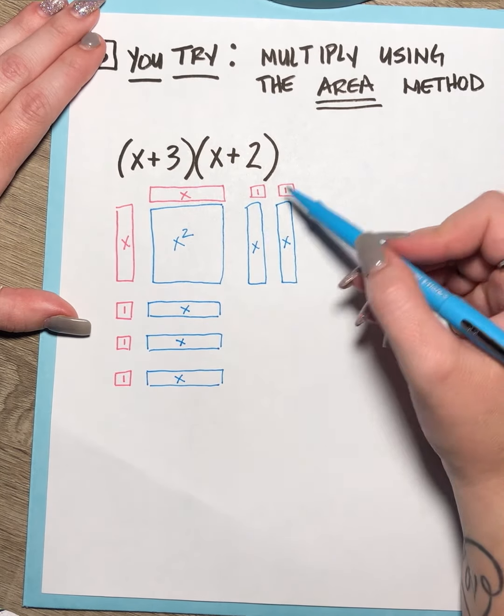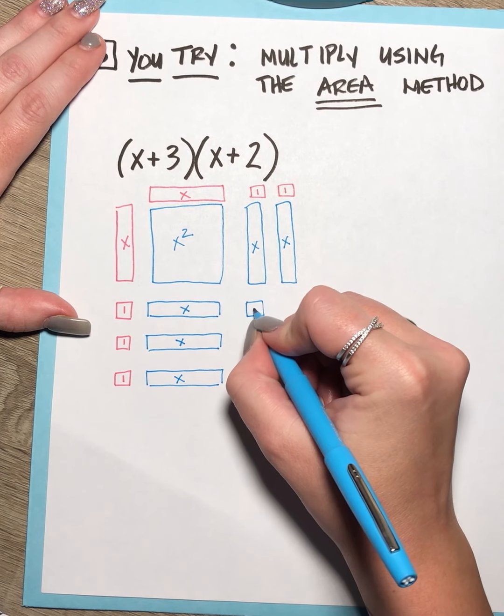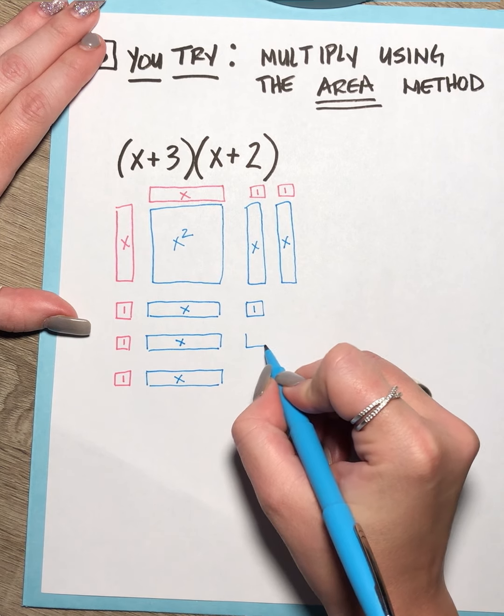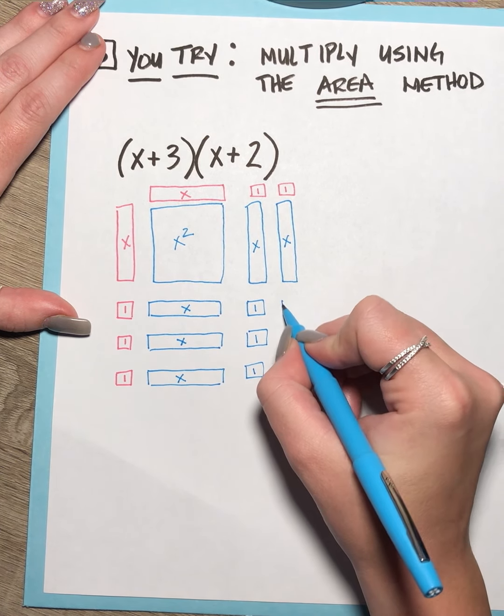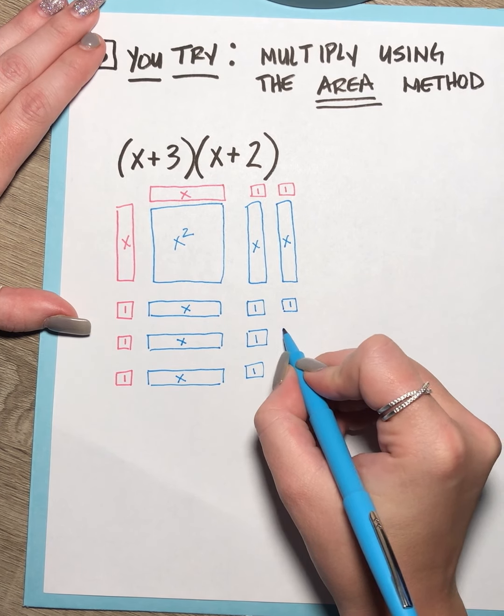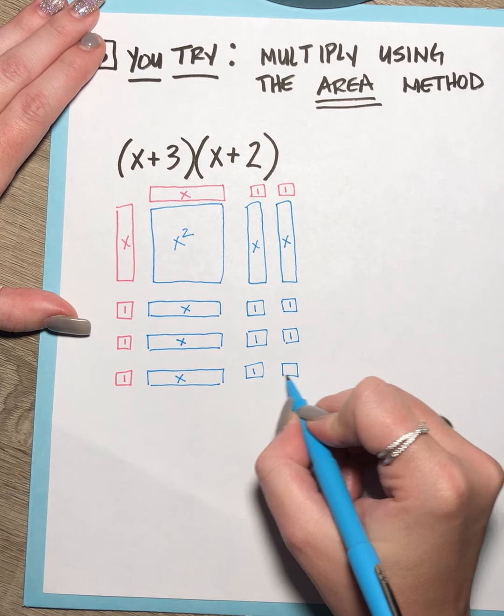Now we've got 1 times 1, 1 times 1, 1 times 1. We keep going. Got another one, and another one, and another one.